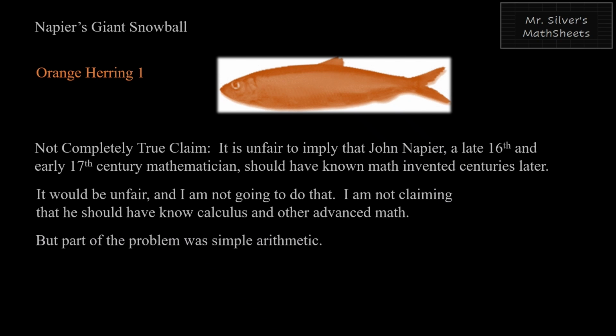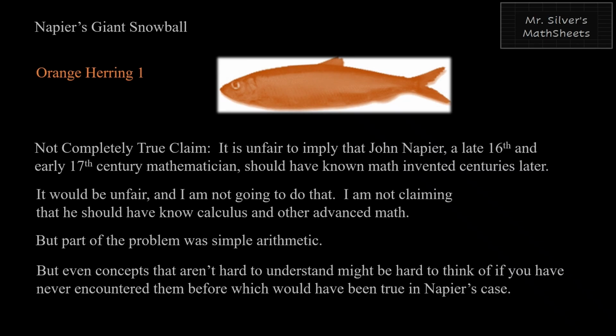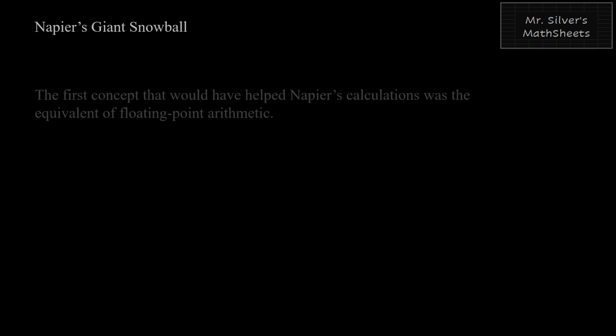Some of the problems he was facing were simple arithmetic, but even simple concepts that aren't hard to understand might be hard to think of if you've never encountered them before, which would have been true in Napier's case, so I think it is worth keeping this in mind.